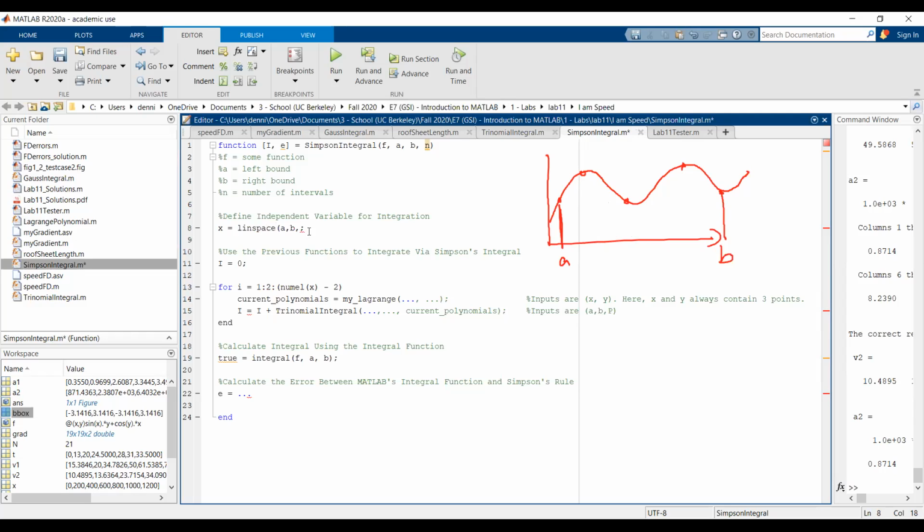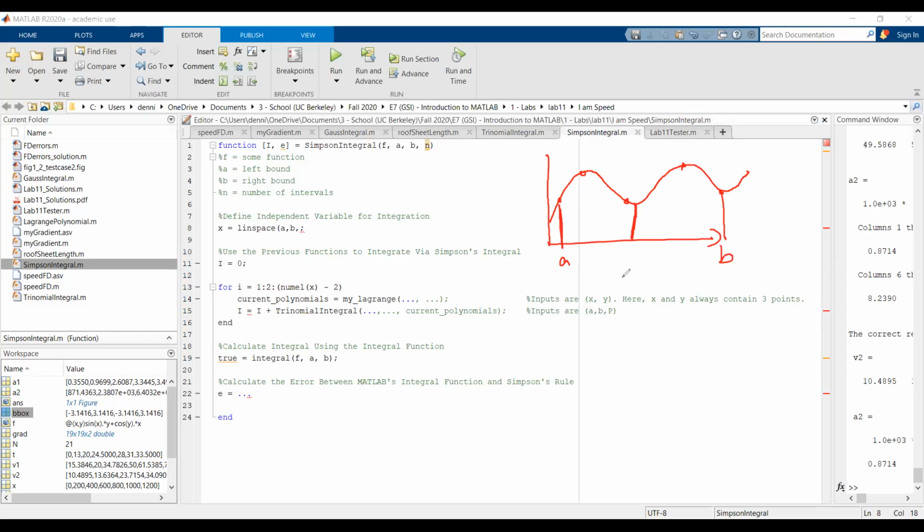Let's say we're doing two chunks. This is a very discretized example. We'll need 3 points per interval, but some of those are going to overlap.